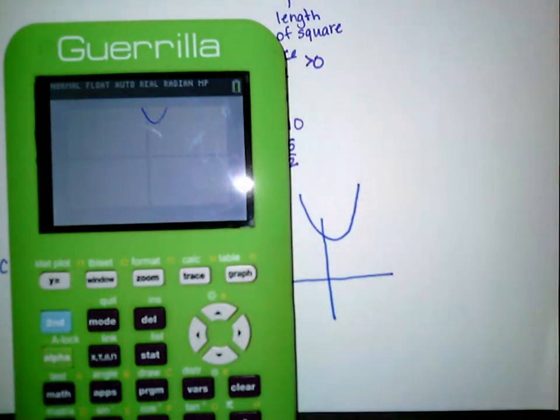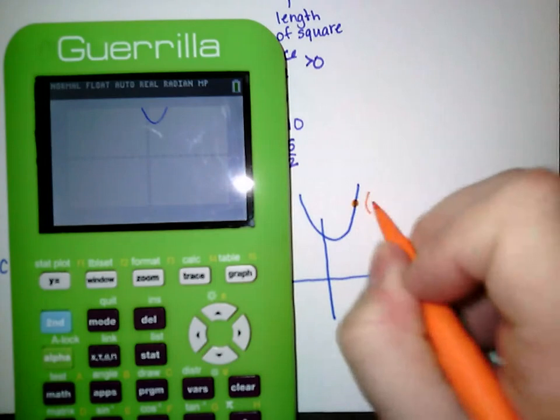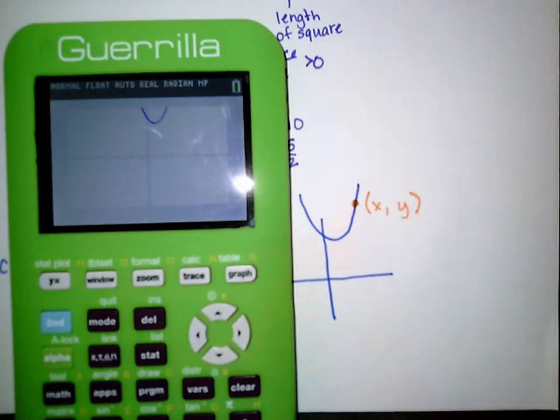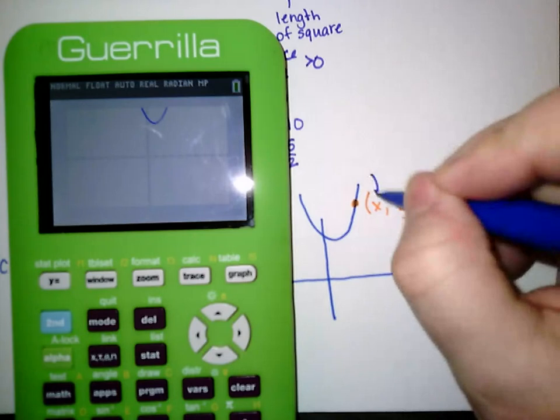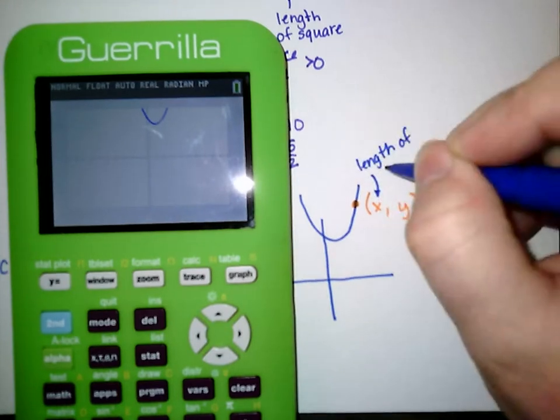And remember that every ordered pair on here has an x and a y coordinate. In this problem, remember how we started out, our x coordinates represented the length of a side of the square.